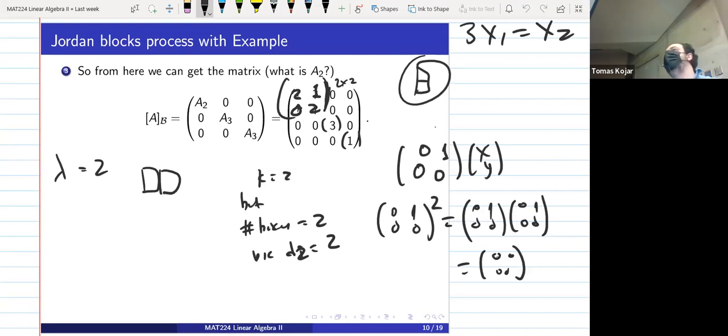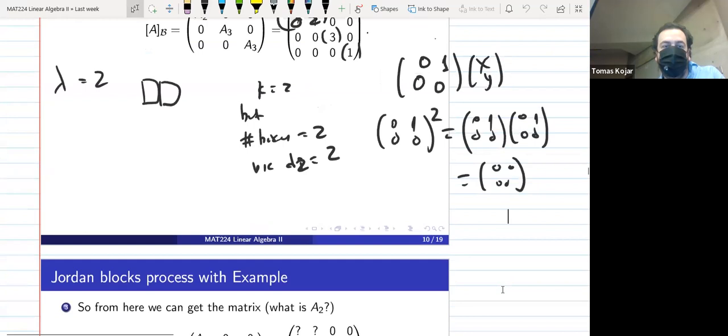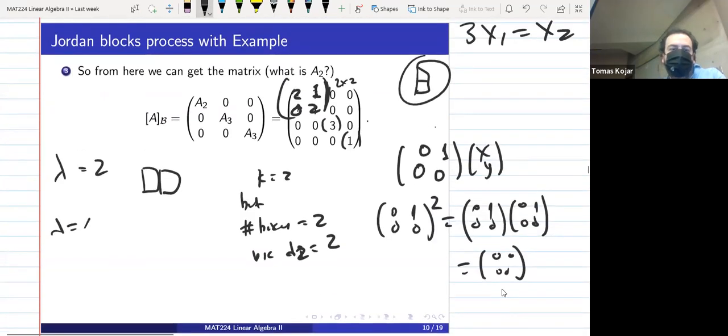If you were diagonalizable, you would get 2 boxes like this because your nilpotency would be 1. That's another way to think about it. And for the other ones, it doesn't matter. It's easy. It's just 1 box. You only have 1 dimension.